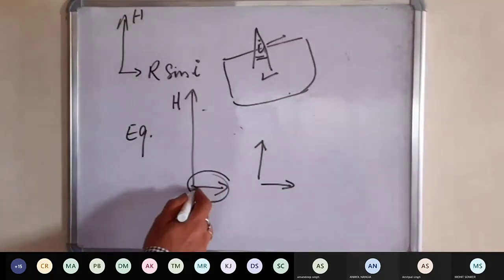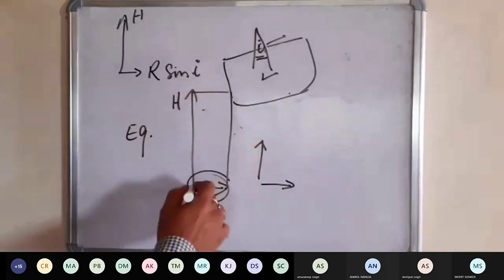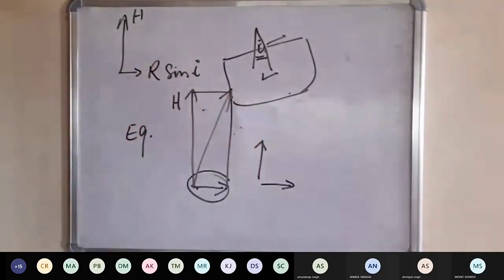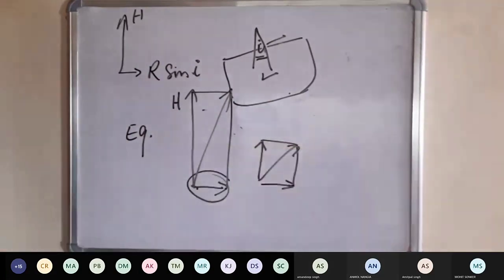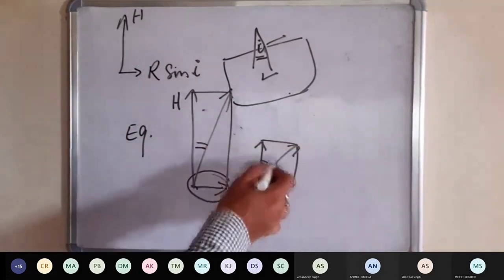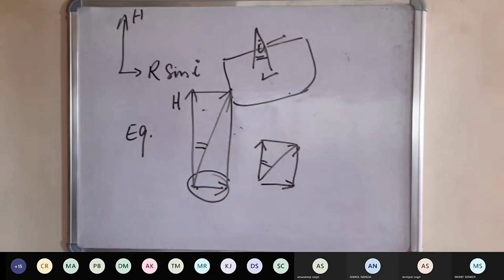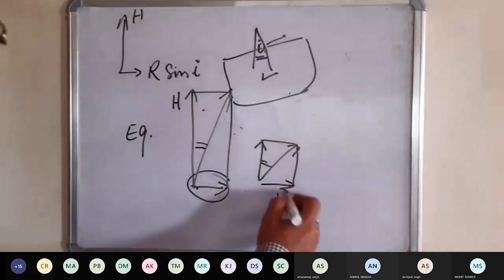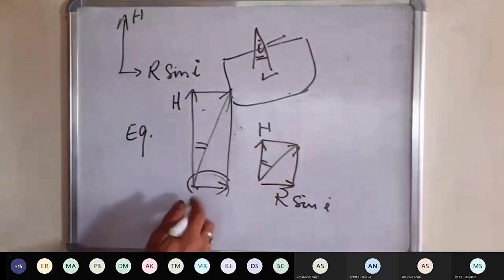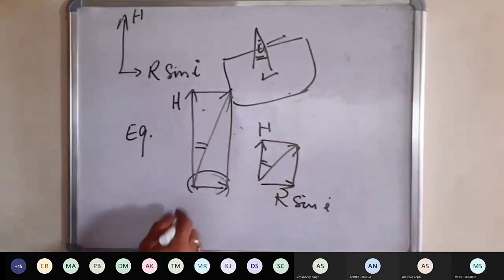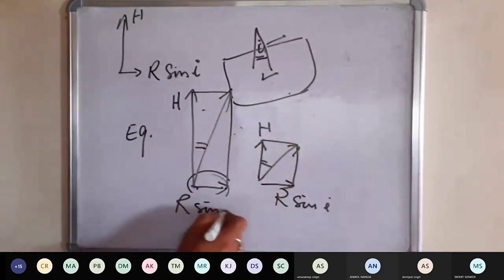So what was the deviation in this case? Was this much, but now it is this much. What is your observation?